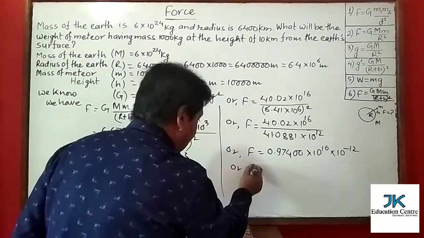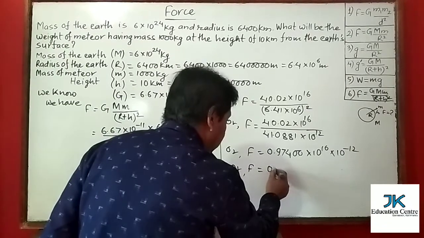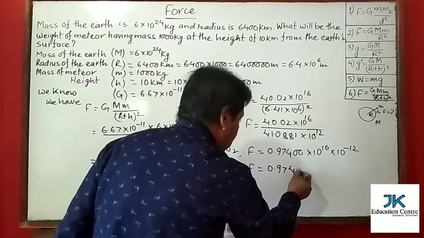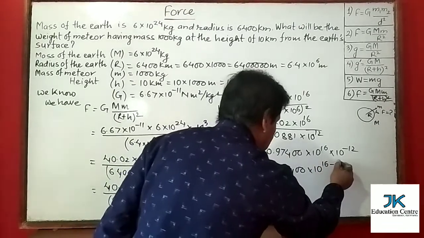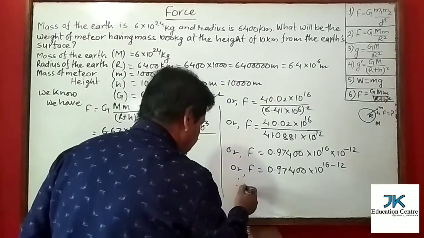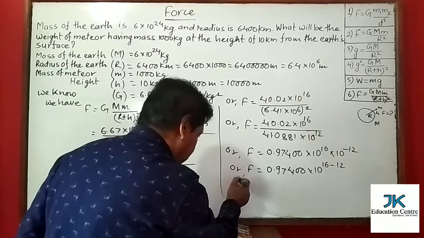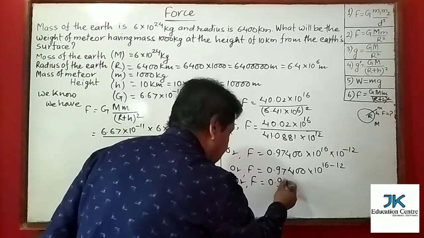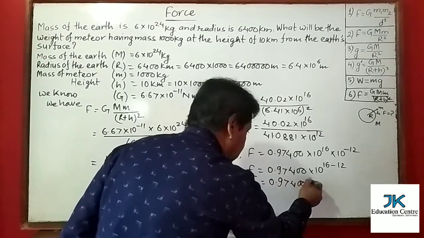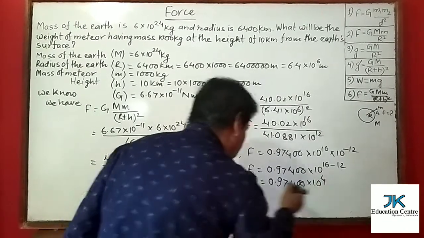Or F is equal to 0.97400 into 10 to the power 16 minus 12, that is 0.97400 into 10 to the power 4.